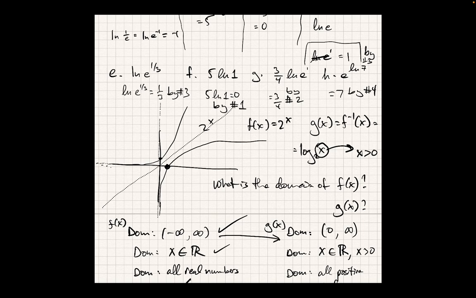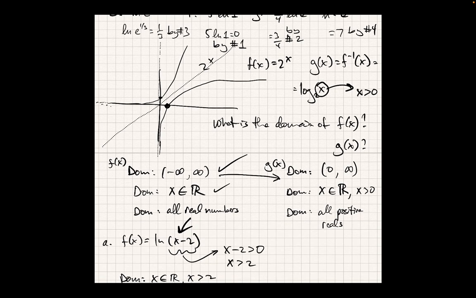When you do the inverse, the domain and range flip-flop. For y you can get any amount, but the domain is limited. The domain can't go negative, so it has to be greater than 0.